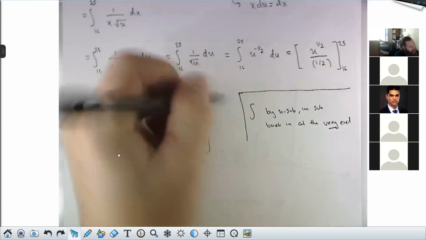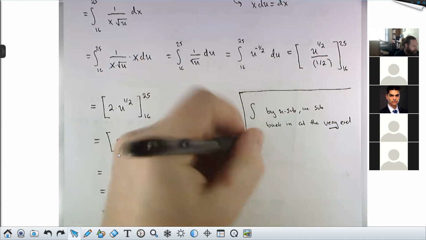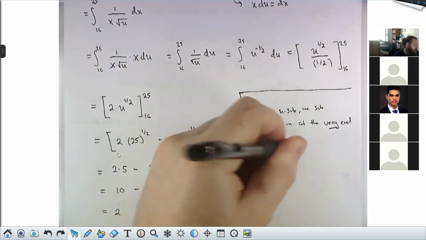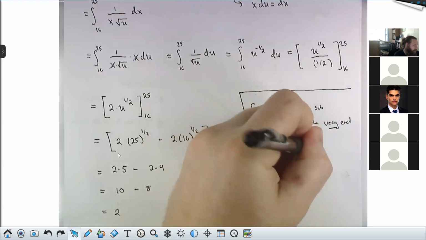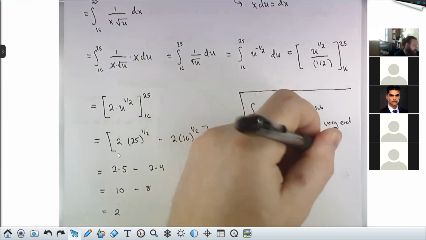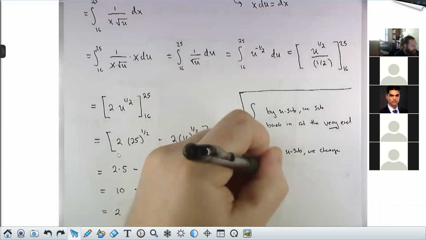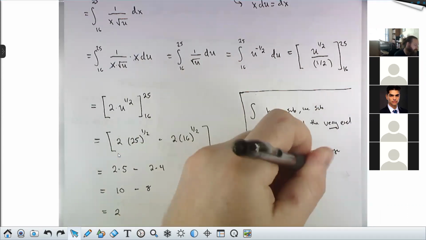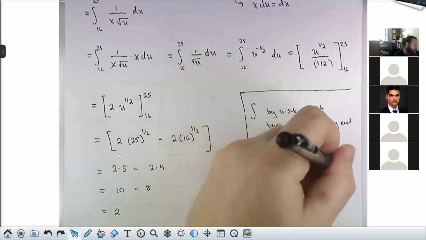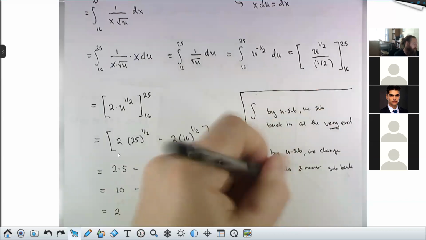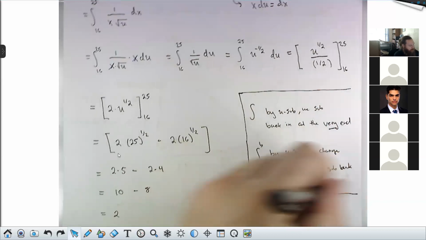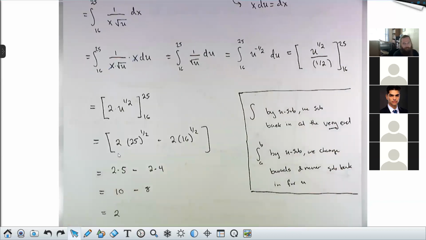But for definite integrals by u-sub, we change bounds, and never sub back in. Yep.